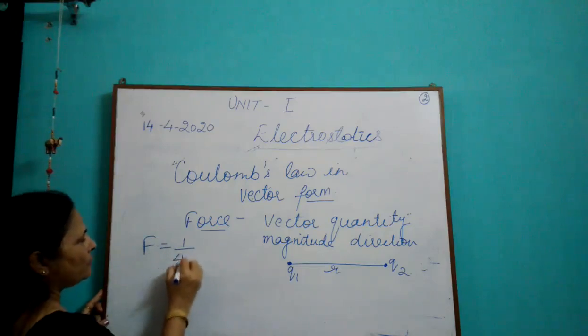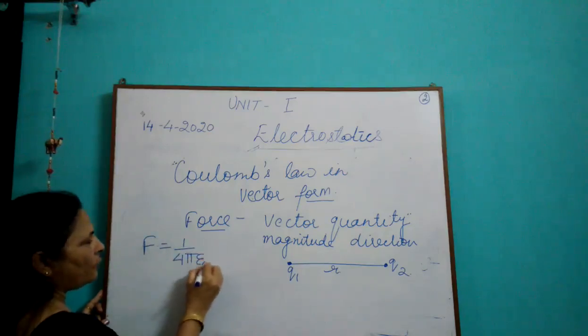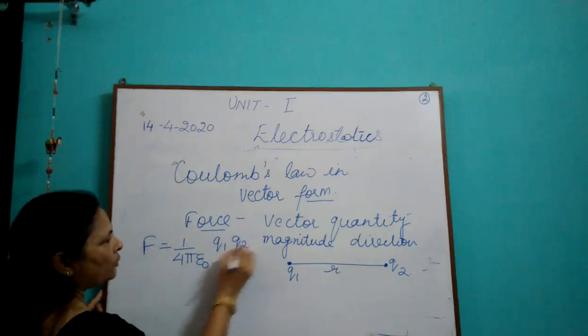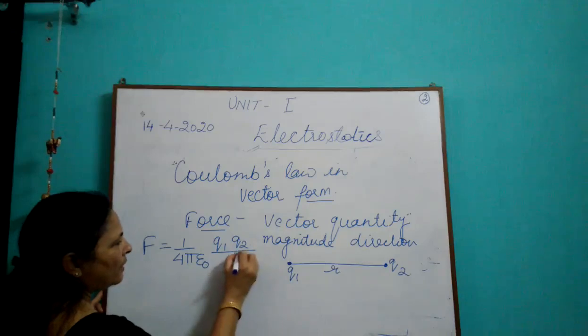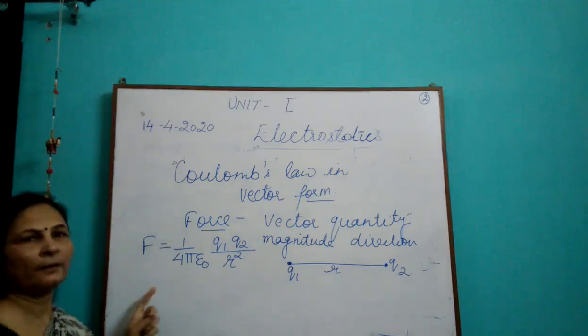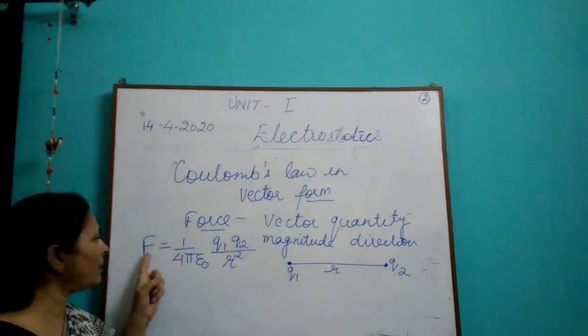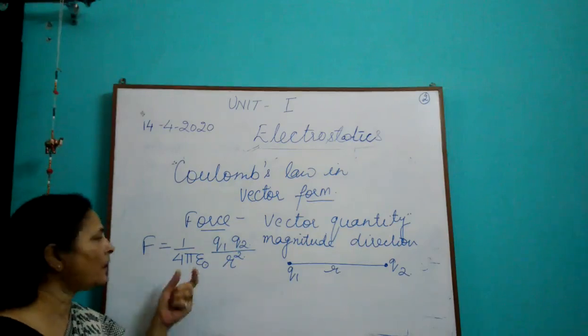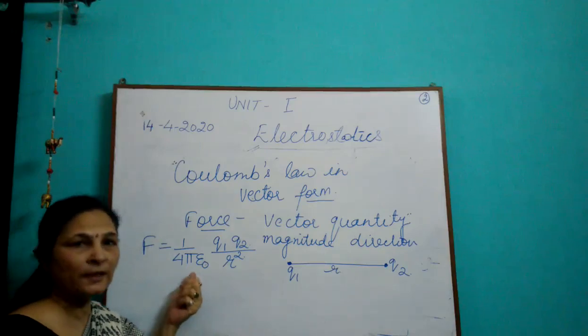F is equal to 1 by 4 pi epsilon naught Q1 Q2 upon R square. Now, direction is not specified in this particular case. How do we introduce direction in this expression?